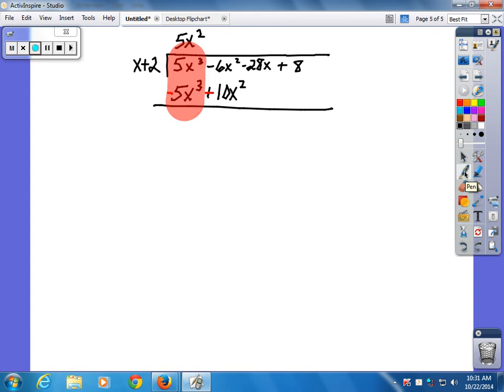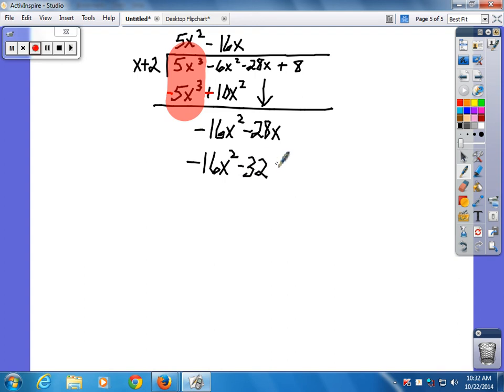And what is negative 6x squared minus 10x squared? Negative 16x squared, and the negative 28x comes down to help out. How many times will x go into negative 16x squared? 16x, negative 16x times x is negative 16x squared. Negative 16x times 2 is negative what? 32x.